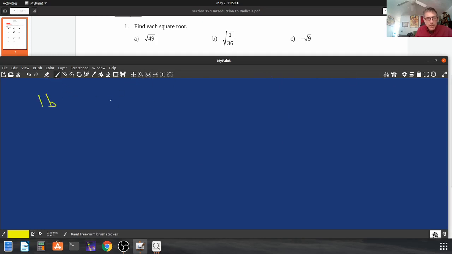1b. We want to find the positive square root of 1 over 36. So again, we're looking for a real number b, greater than 0, where b squared is equal to 1 over 36.